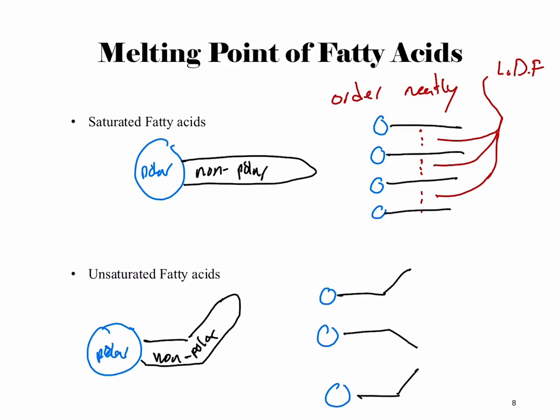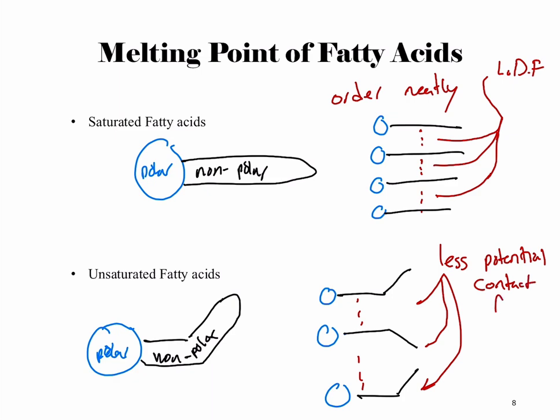So we get less maximization because it's really just these parts over here, less potential contact for London dispersion forces, right? And so this means that the intermolecular forces are weaker for this.